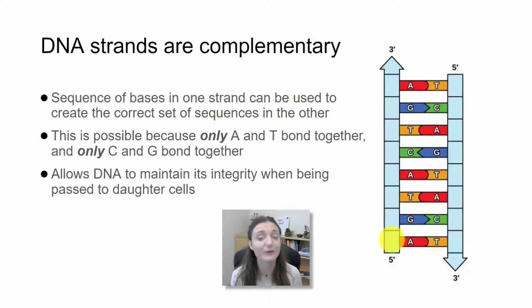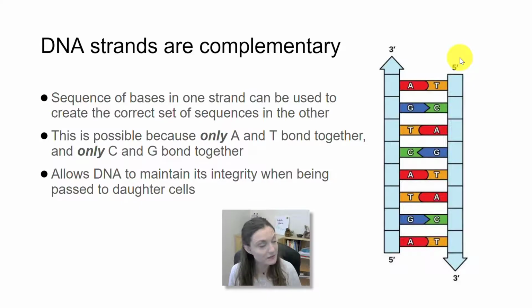Remember also that DNA is anti-parallel, right? If on one end we have a 3', the other end, that carbon that's facing up will be the 5' carbon of the sugar. And this is important because enzymes can only interact with that DNA nucleotide when it's in a certain orientation.